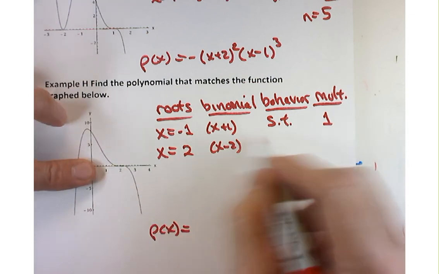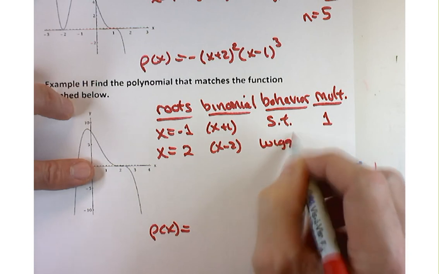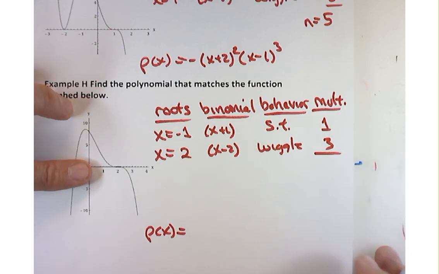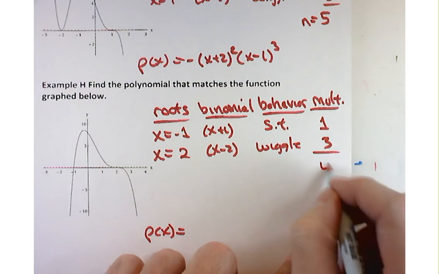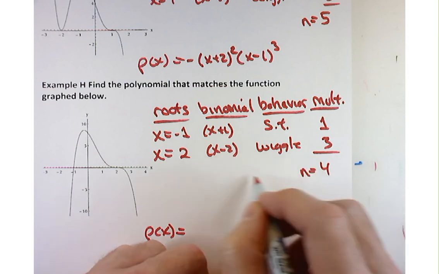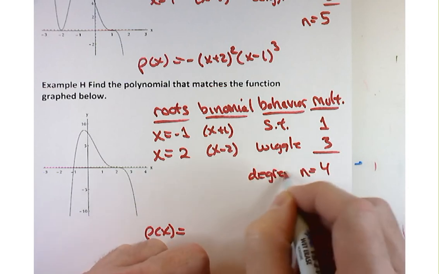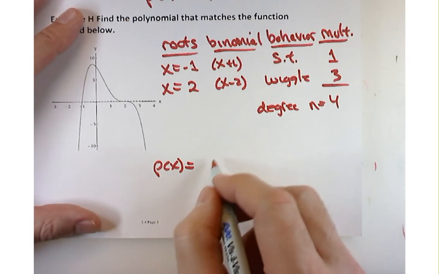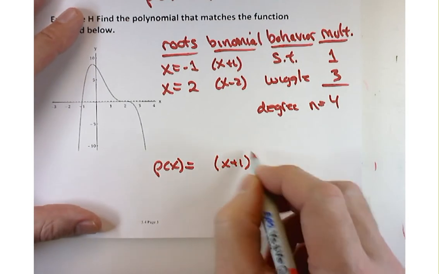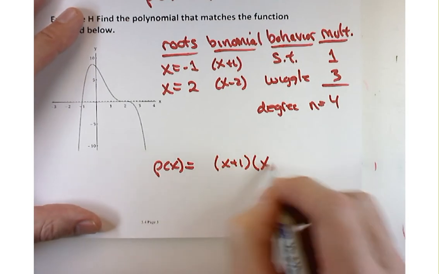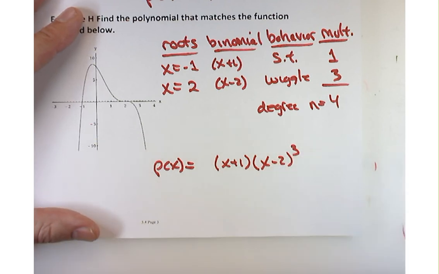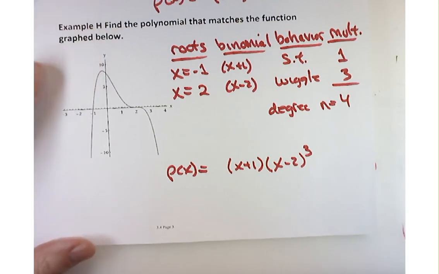Root of 2 has a wiggle, and awesome, multiplicity of 3. Altogether, the degree has to be 4. So if we put that together, it's x plus 1 to the first power. I'm not going to write the first power. It's understood. And x minus 2 cubed.